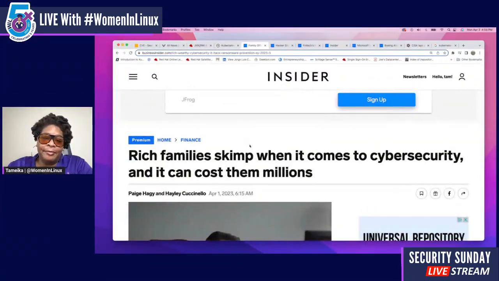So here I found this article: rich families skimp when it comes to cybersecurity, and it could cost them millions. So we talked about cybersecurity really, to me, more on the you are the worker, looking at security vulnerabilities.